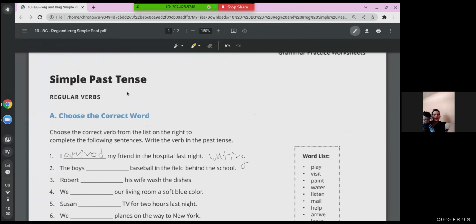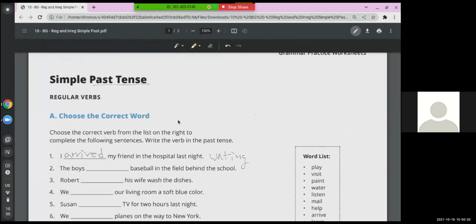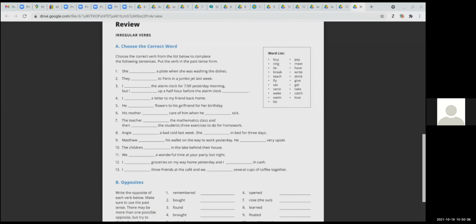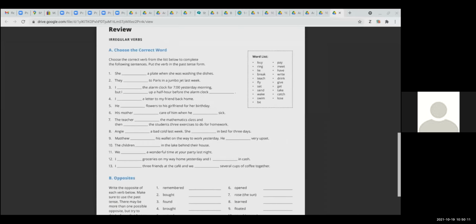This one is the simple past tense. A letter to my friend at home. The past simple of bring is brought. He brought flowers to his girlfriend for her birthday.